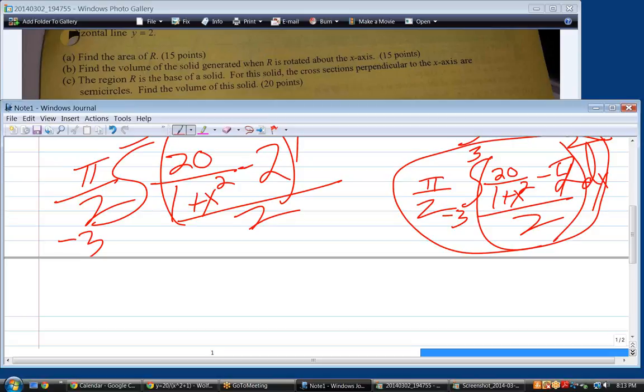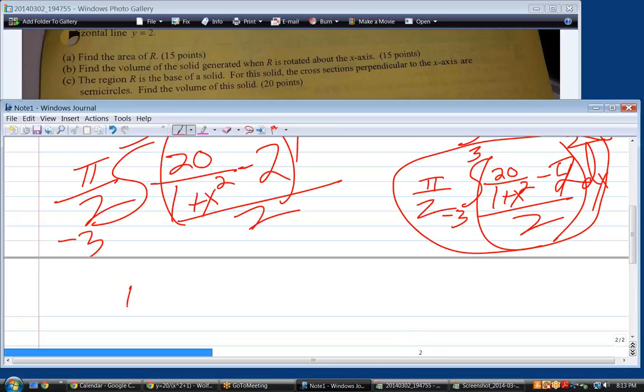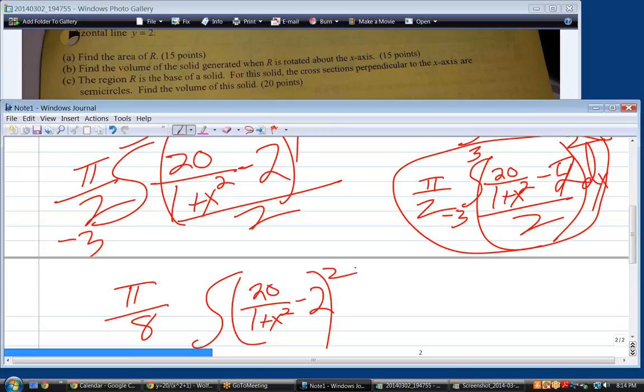Well, after I square that, I'm going to have a 4 in the denominator. I'll take that out also. So I got a pi over 8 out here. And what I'm left with is the numerator squared. That should be the answer.